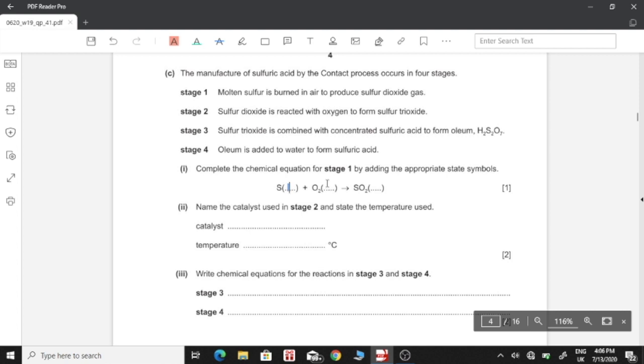Oxygen exists in the form of gas, and then we have sulfur dioxide also in the form of gas. Part 2. Name the catalyst used in stage 2 and the temperature used. So we have the catalyst in the form of vanadium oxide. Vanadium has the valency 5 over here.